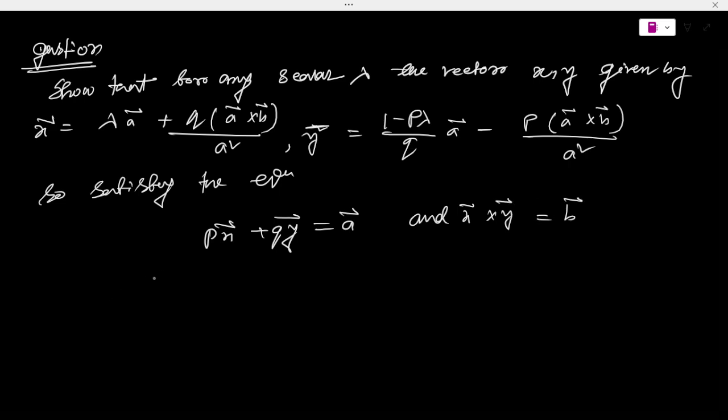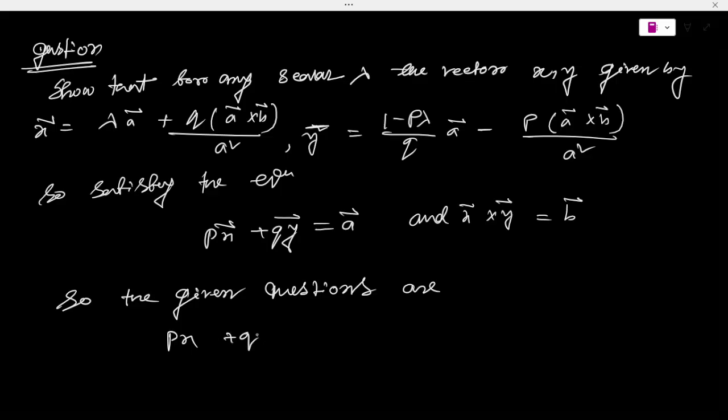So the given equations are p of x vector plus q of y vector is equal to a vector.